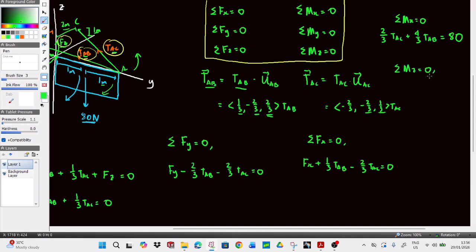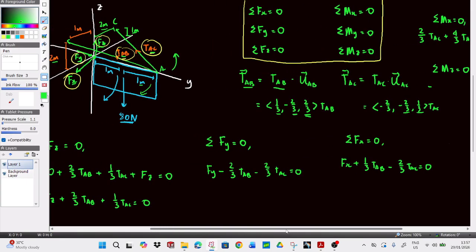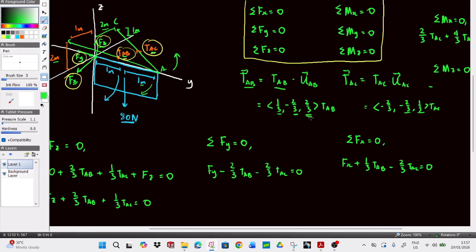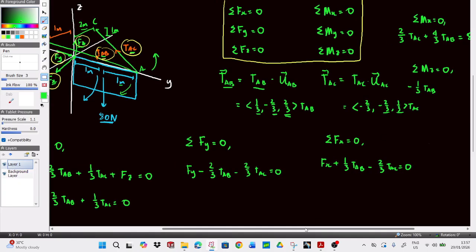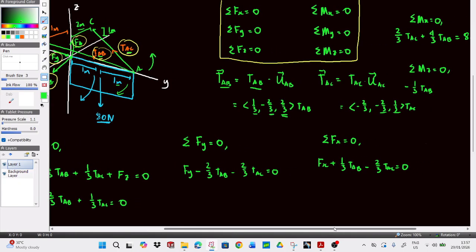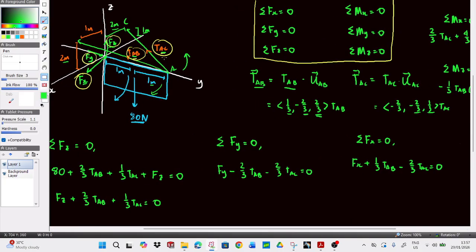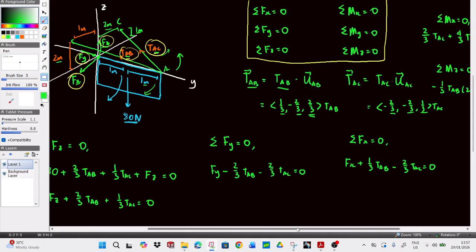By using our moment equation Mz equals 0, we have negative, our TAB in terms of the x component is 1 over 3. So negative 1 over 3 TAB times plus 2 meters. Then for TAC, its x component is negative 2 over 3, but it's going to go in a counterclockwise direction along the z-axis to counteract the sign.